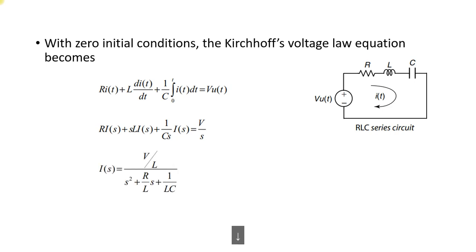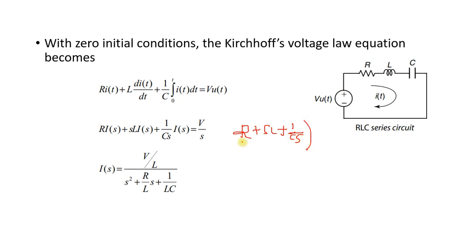It should look like this: if you take I(s) outside, the resultant is equal to R plus sL plus 1 by Cs, or 1 divided by sC.